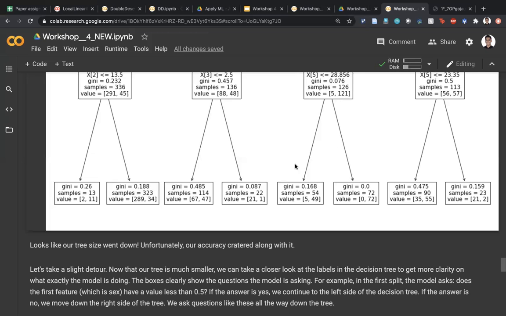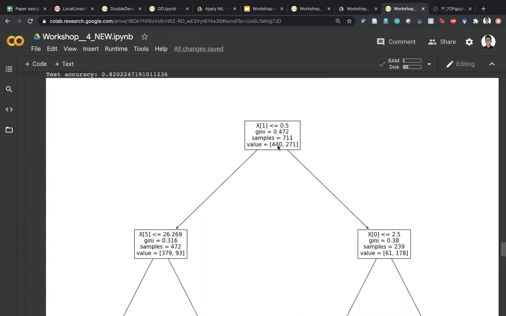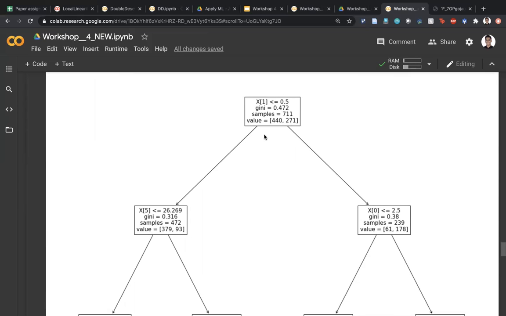So yeah, if you look at the tree, ideally, when you start off, you have 440 people who didn't survive and 271 people who did. As you go down the decision tree, you'll see that the ratio keeps improving. So now suddenly in both these nodes over here, you have 379 to 93 and 61 to 178.